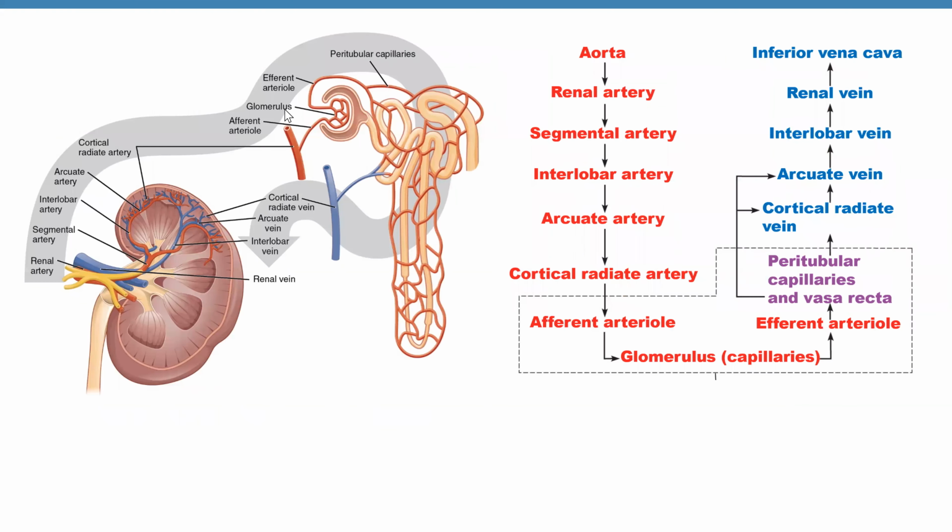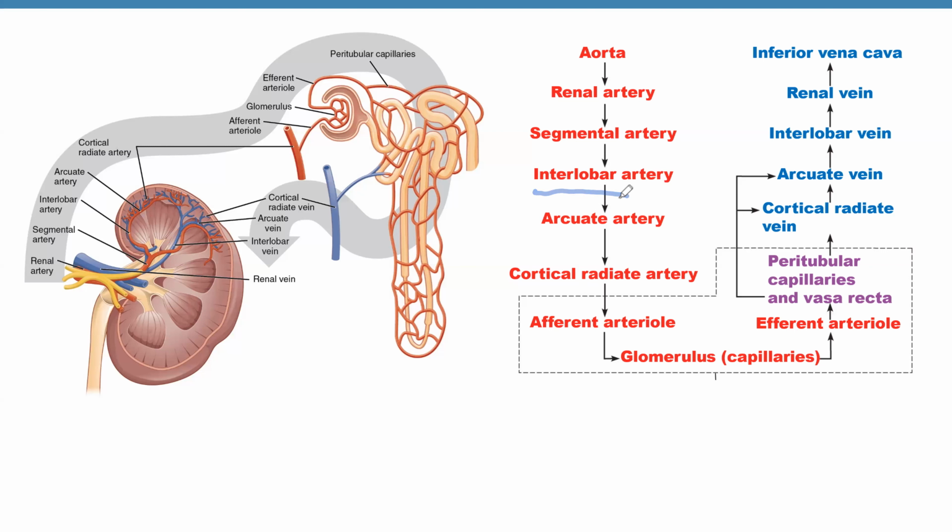Now let's look at the bigger blood vessels and how we get from aorta to inferior vena cava. Right, so we're going to bring blood to the kidneys. From aorta, we will have renal arteries that branch from aorta. After that, renal arteries branch into segments, and it's called segmental artery. Then segmental artery moves toward the cortex, and it's actually located between lobes of kidney, so it's called interlobar.